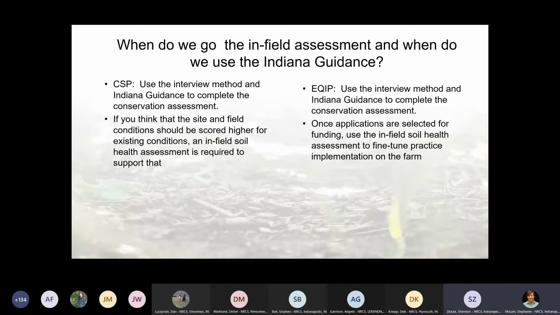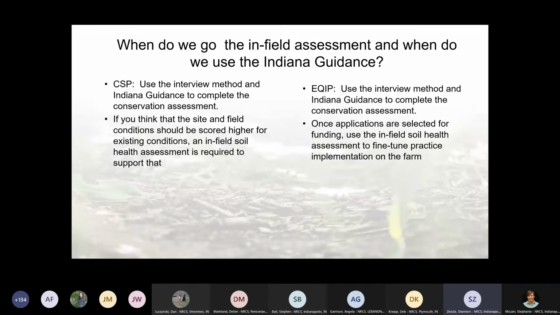I can answer that. So Dan, let's say the farmer is a long-term no-tiller cover cropper, and we rate them out as high. So we kind of say, hey, there should be no soil health resource concerns. We go out, we do a soil health assessment, we find surface compaction or lack of aggregate stability, something to that effect. That's fine.